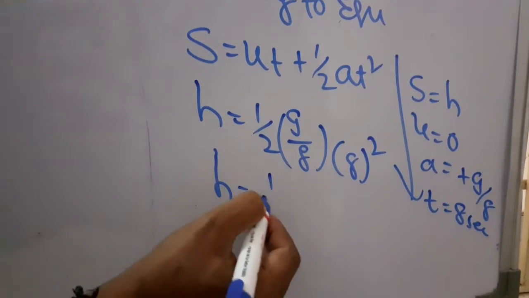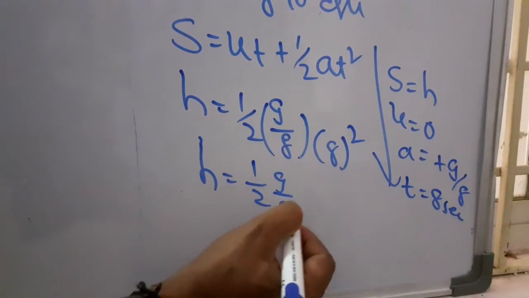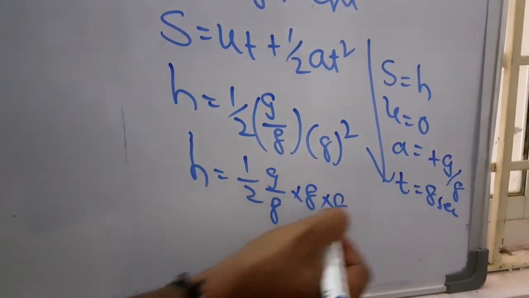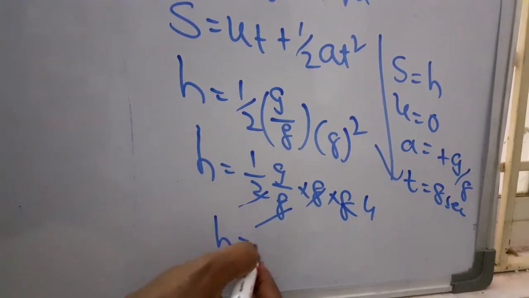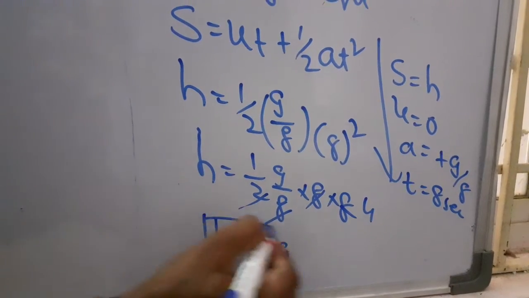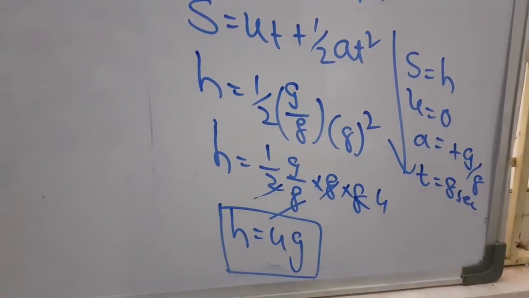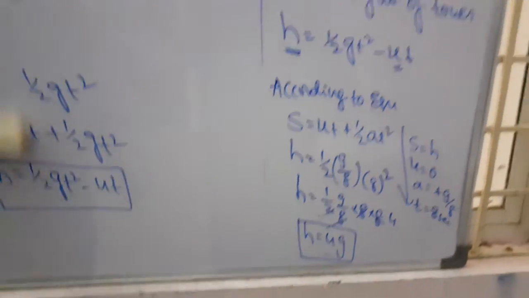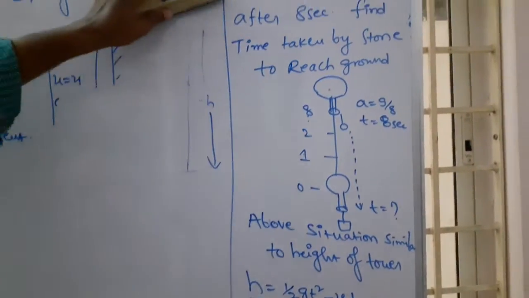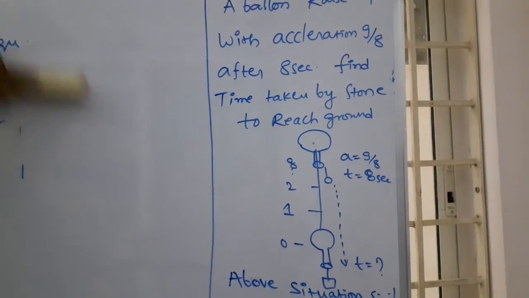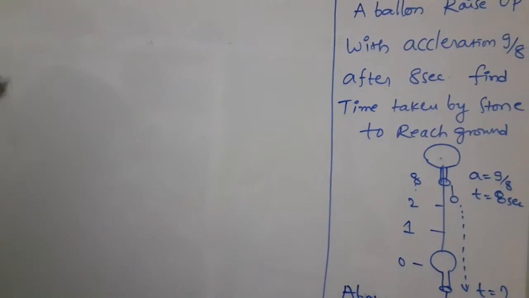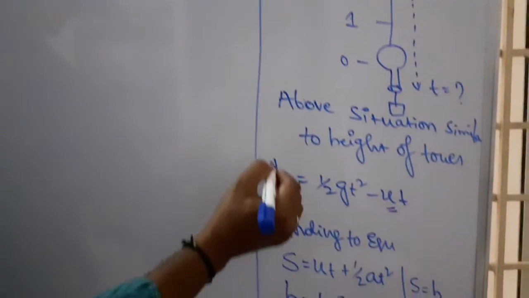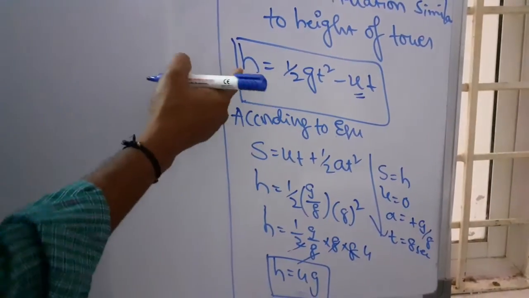H is equal to 1 by 2 into g by 8 into 8 into 8. Get cancelled, 2 ones are 2, 2 fours are 8. H is equal to 4g. This is the falling height. Height value is measured.